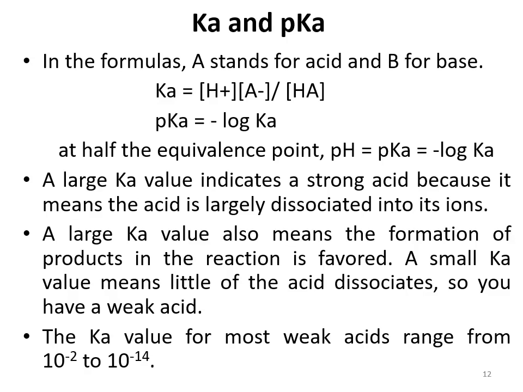If we have a strong acid, we have a large Ka value and small pK value. If we have a weak acid, we will have a small Ka value but large pK value. Both Ka and pK values are opposite to each other for strong and weak acids.